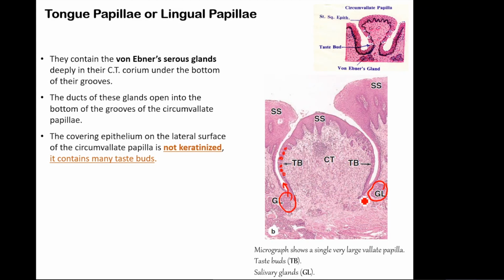So when they wash out this crypt and the taste buds, then the next food, the next taste will be ready to be received by these clean taste buds. So these glands are known as Von Ebner's serous glands.